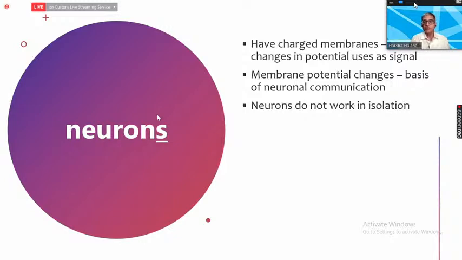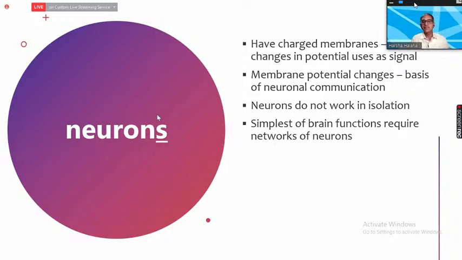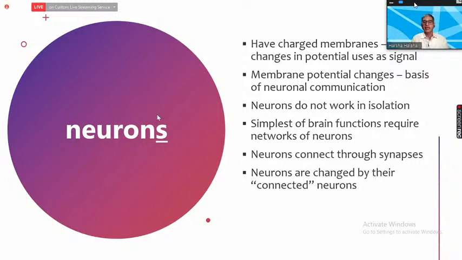Neurons do not work in isolation, like I said. The simplest of brain functions require networks of neurons, and these networks are formed through connections called synapses. A very interesting and very important aspect of neuronal function is that neurons are changed by their connections with other neurons, and vice versa.